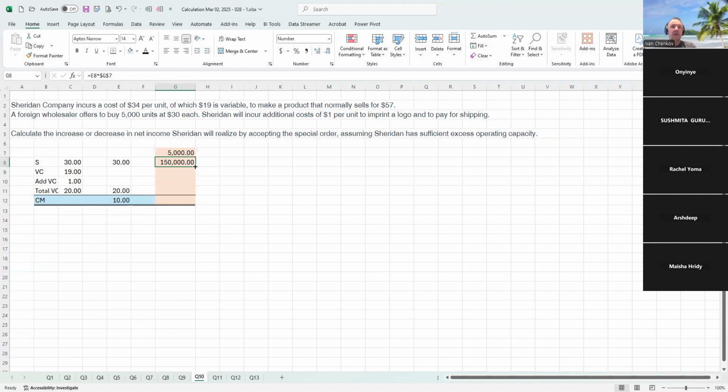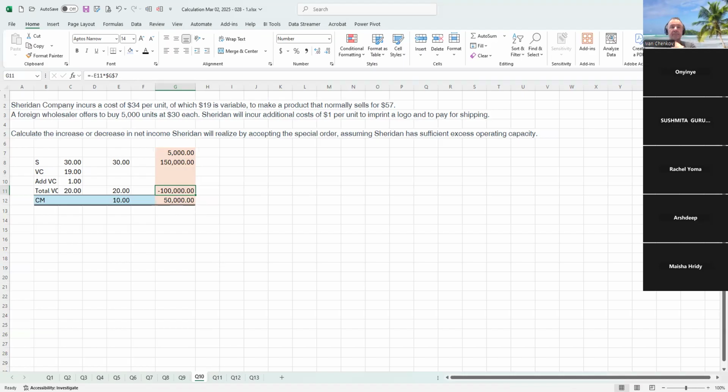How much will be my increase in the variable cost? So am I going to get any benefits? 50,000. Should I go for it? Yes, absolutely. Make sense?